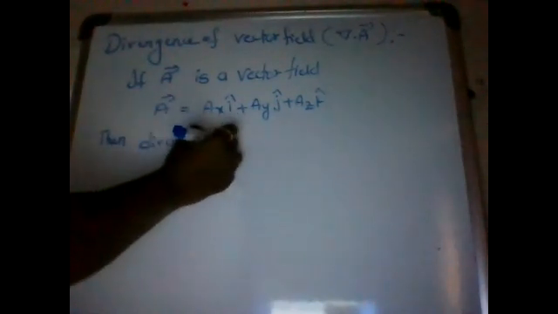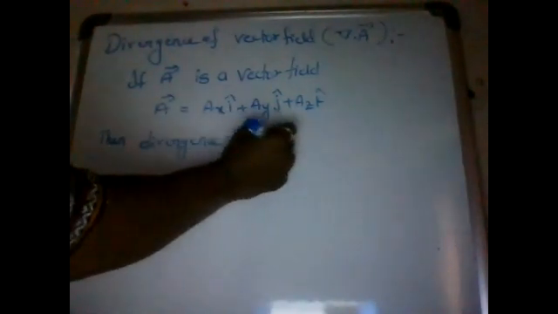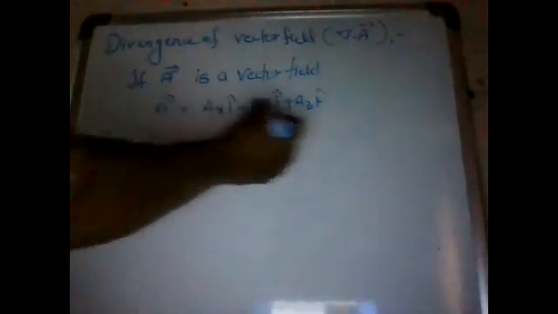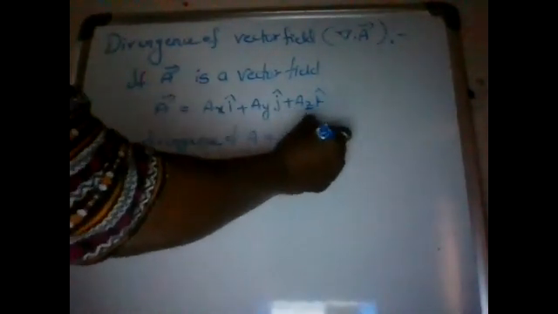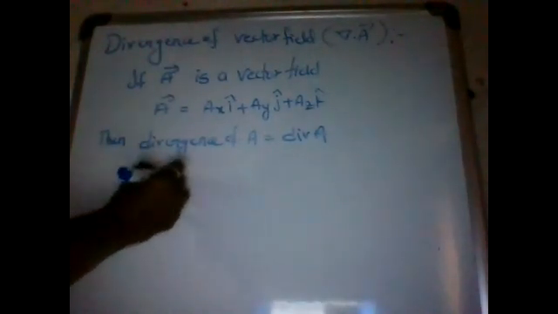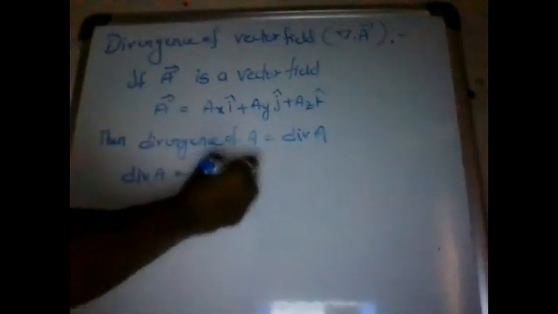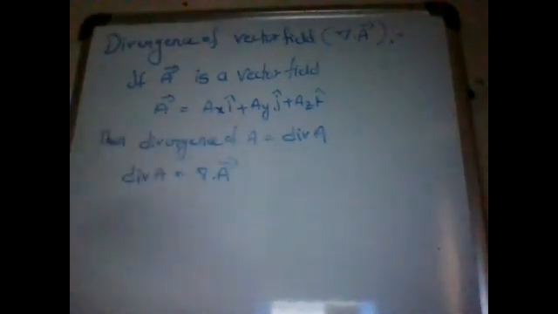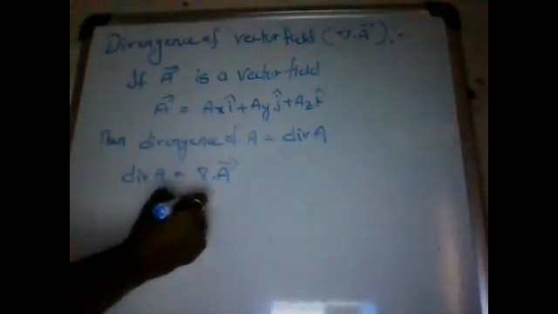Then divergence of A, we can write divergence of A equal to del dot A bar. So already we know what the del operator is: i into dou by dou x plus j into dou by dou y plus k into dou by dou z.